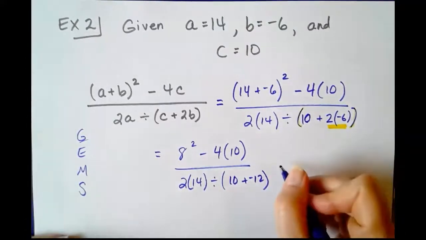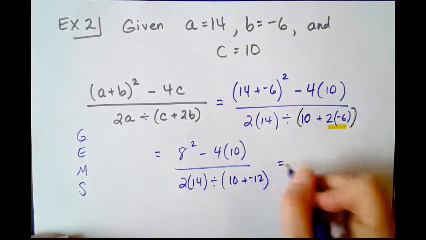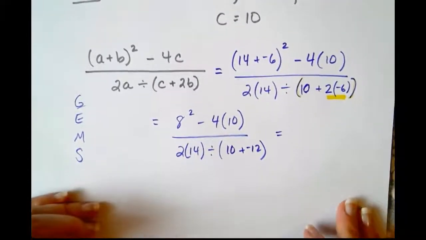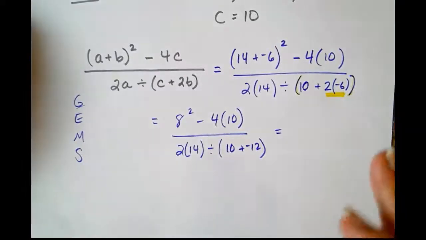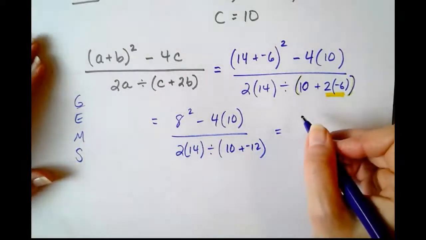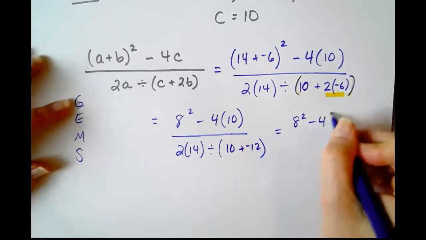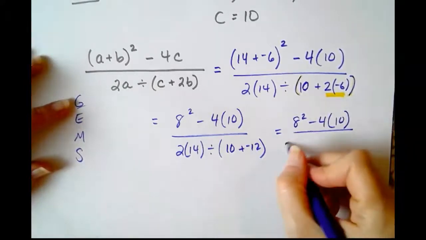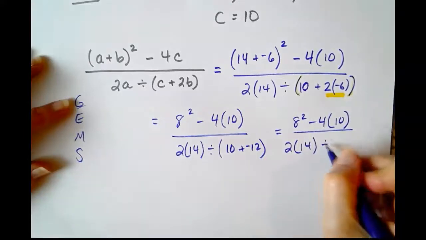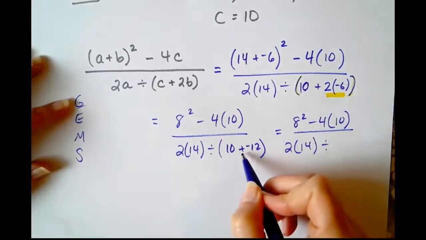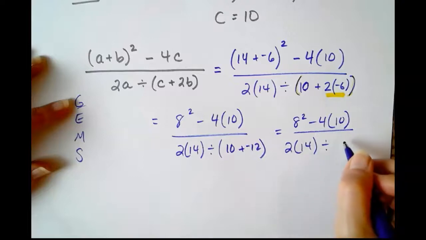Now, I'm going to keep going. Normally, I only work down the page, but because we're recording here, I've got to work to the right one time. Nothing on the top is going to change because I'm still working in the G. So 8 squared minus 4 times 10, 2 times 14, divided by 10 plus negative 12. 10 plus negative 12 is negative 2.